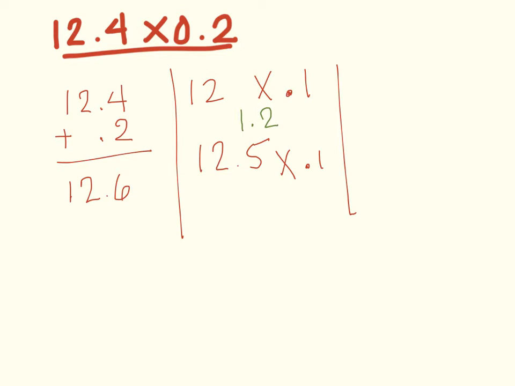In the second one, moving my decimal, 12.5 is 1.25. So really, I could have just done 12.4 times 0.1 and gotten 1.24. In all these cases, it doesn't really matter because I've got a number close to 1.